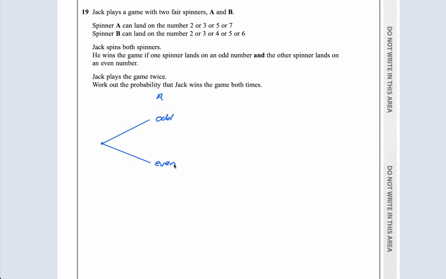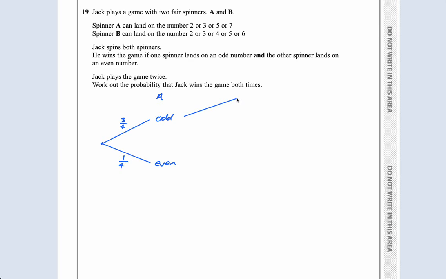What is the probability that A lands on an odd number? Well, there are 3 odd numbers and 1 even number, so 4 in total. So the probability of landing on odd is 3 over 4, and the probability of landing on even is 1 out of 4. So that's for spinner A.